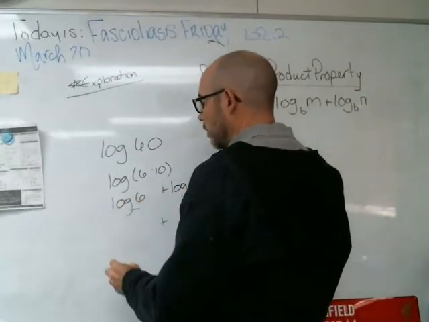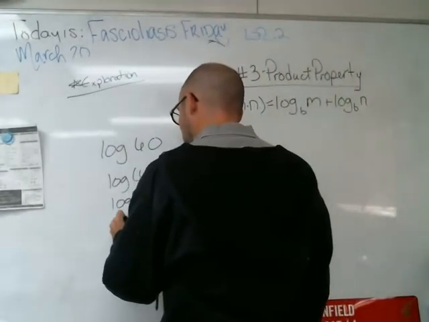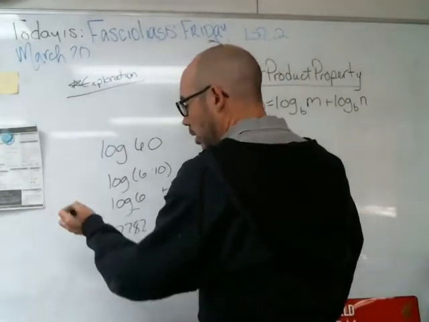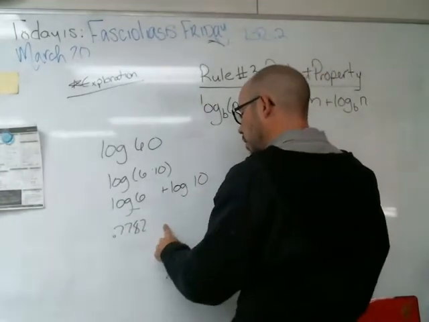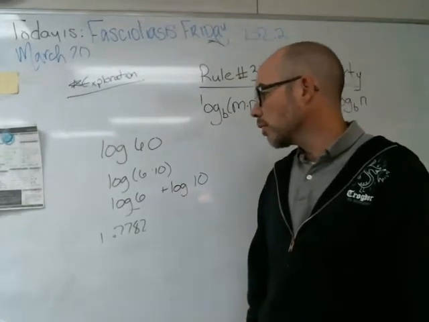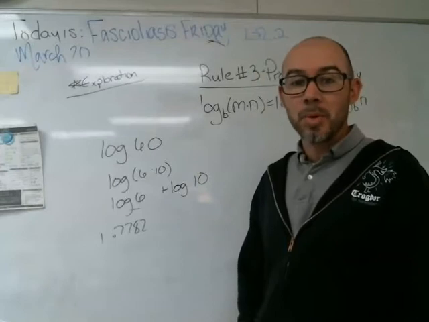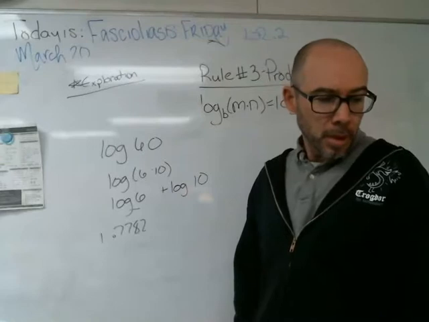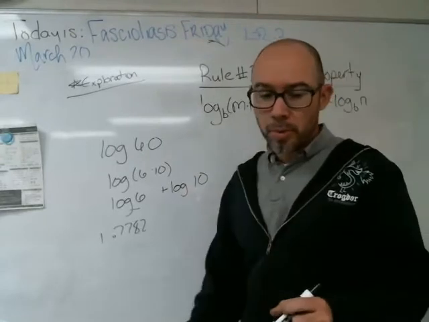And then I need this information here, which the book gives as approximately 0.7782. A calculator would get that too. Then we just add: 1 plus 0.7782 for the log of 60. You can double check on your calculator that 10 to the 1.7782 is about 60. Anyway, that is rule number 3, the product property.